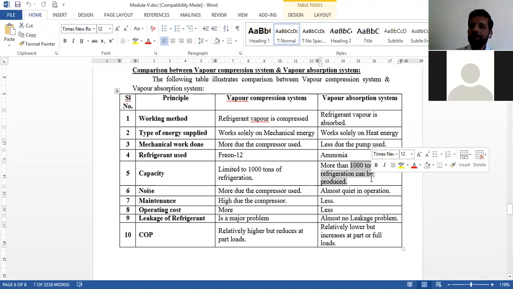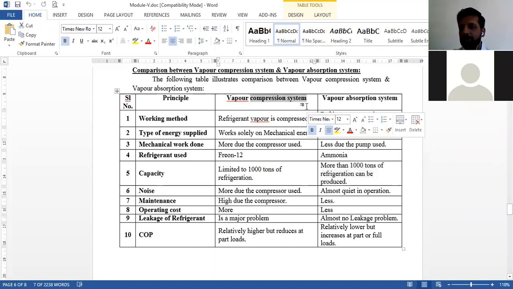One simple way to understand this is that the vapor compression system is generally used in our home appliances, such as refrigerators. And the ice cream parlors where they store ice boxes also work on the vapor compression system, because the amount of refrigeration required is less.